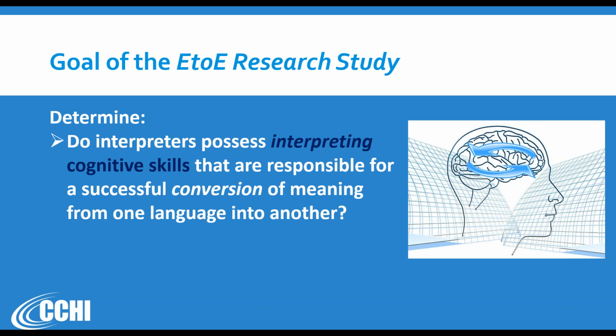What skills do they have other than knowing English and, let's say, French very well? What makes them the interpreter? And for that matter, a translator too, because conversion in a written medium will be the same as conversion in the oral medium. So that's one question that we hope to answer with this study.